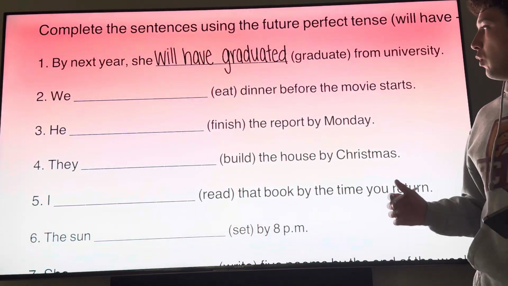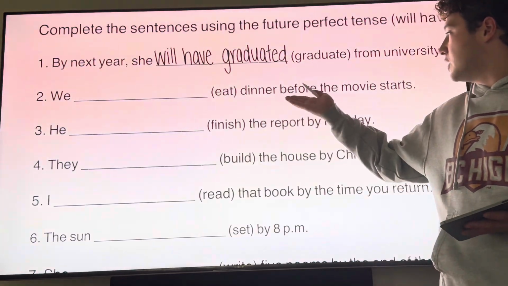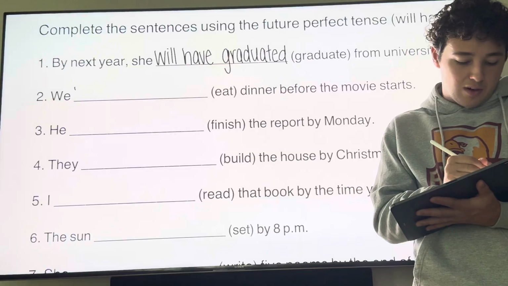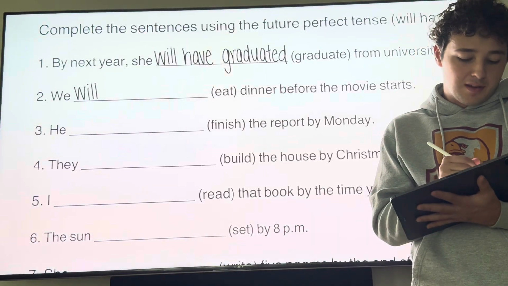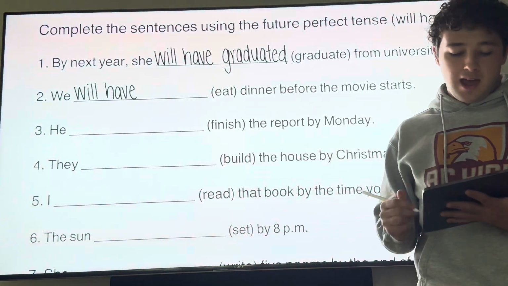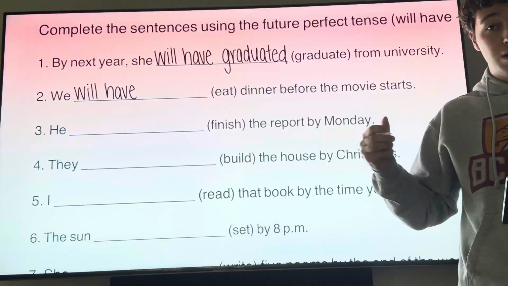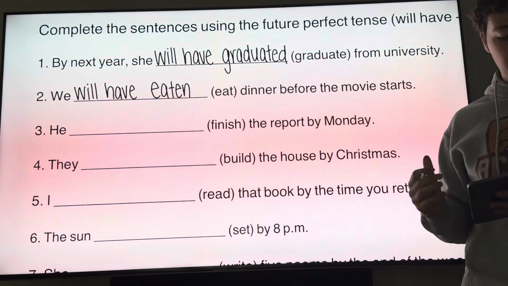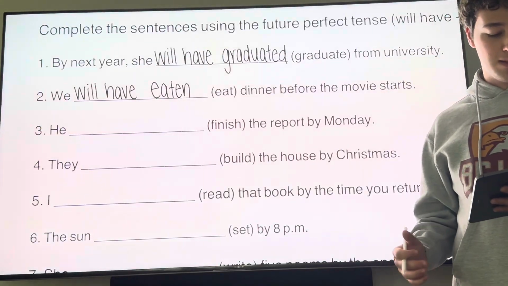Number 2, we blank eat dinner before the movie starts. So this one you always add will have. And then here the perfect tense would be eaten. We will have eaten dinner before the movie starts.